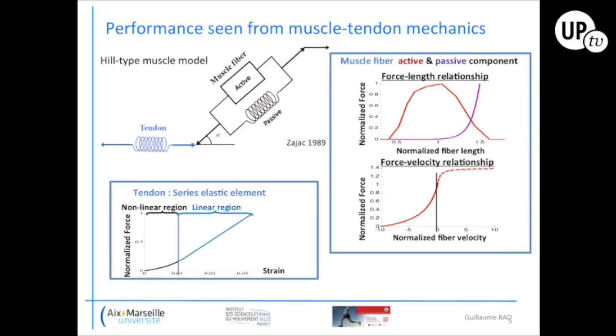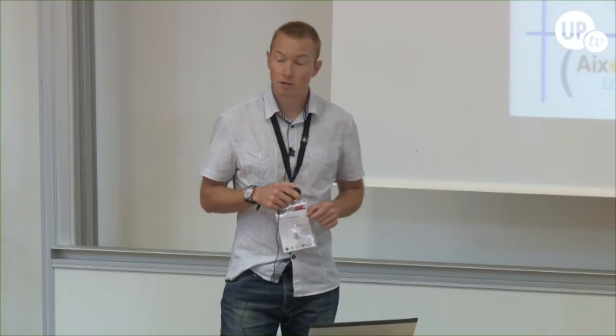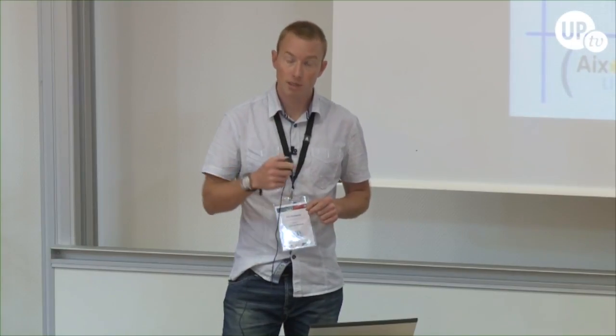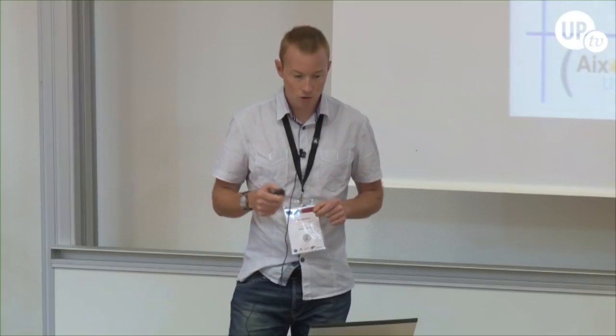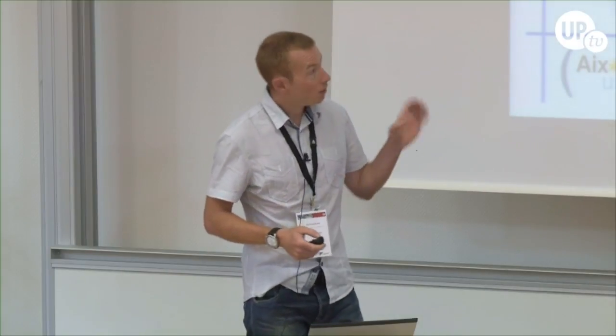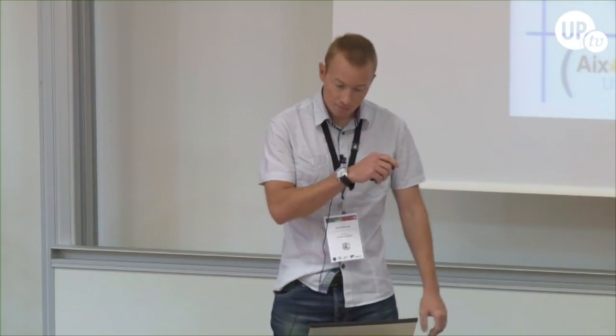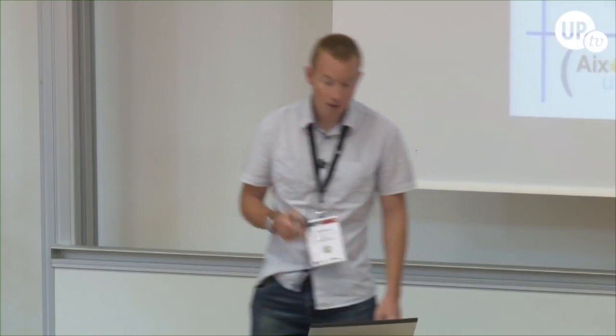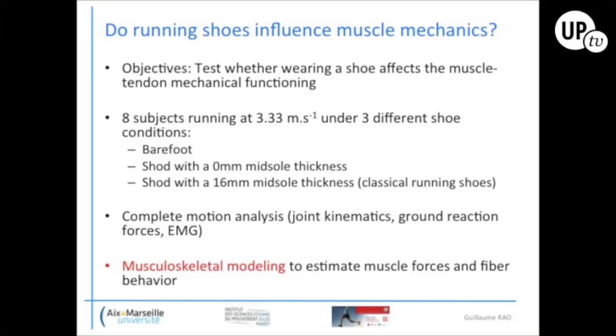That is how the muscles are performing along the force-length relationship or the force-velocity, or how the tendon stores and releases the mechanical energy during the movement. So we will use this model to answer this question: does wearing shoes affect the muscle-tendon interaction or the mechanical functioning of a muscle?